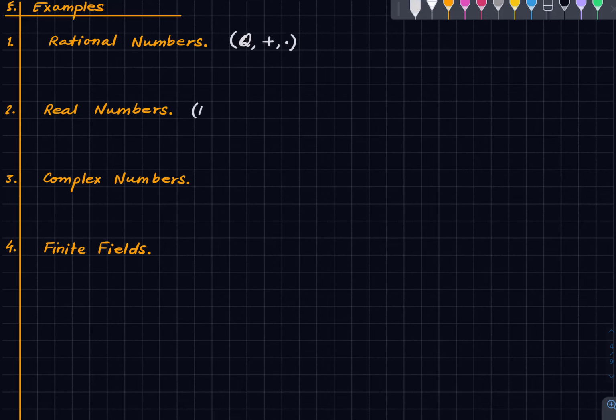Real numbers again form a field if you take the usual addition and usual multiplication. Complex numbers form a field if you take the usual addition and usual multiplication. And then there are these things called finite fields. We will not go into them, we will not define them, but there exist finite fields, meaning there are finite sets with field structures on them. They are very, very useful, but in this lecture series, we will not be going into them.